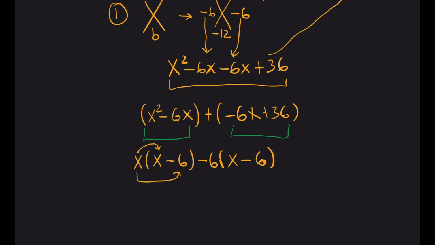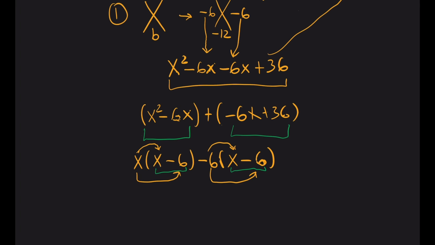If you distribute that, negative 6 times x gives me that negative 6x at the top, and negative 6 times negative 6 gives me that positive 36. And the goal of this is I do want this to be the same over here as well, these two to be the same. So that is one of the factors.